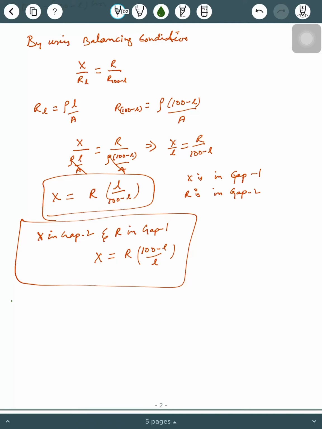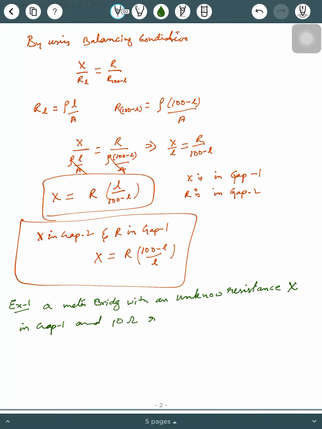Then how can we use it? A simple example, example 1, let us solve a simple numerical. You are having a meter bridge with an unknown resistance X in gap 1 and a 10 ohm resistance in gap 2, and it has a balancing length of 30 centimeters.